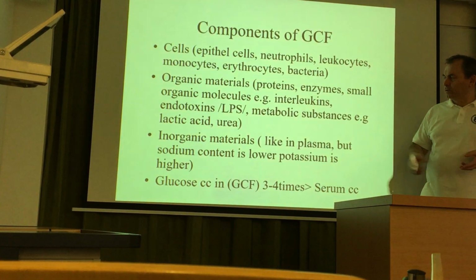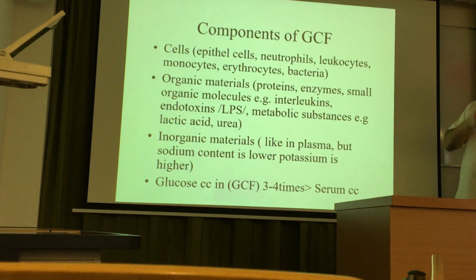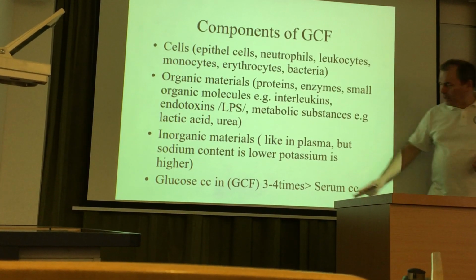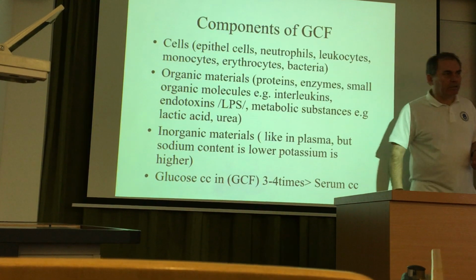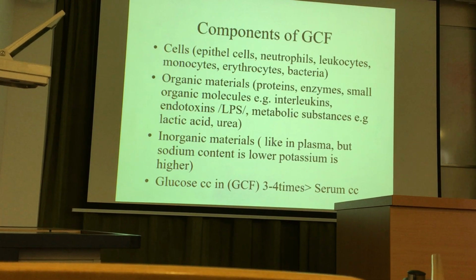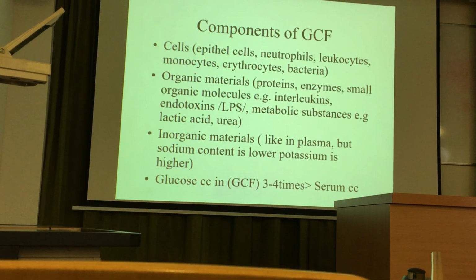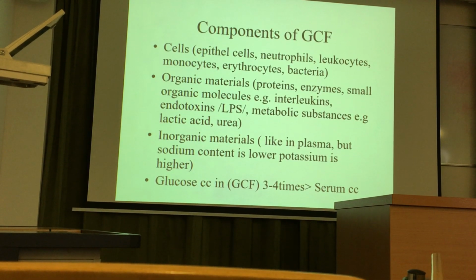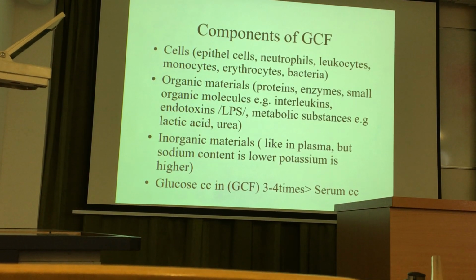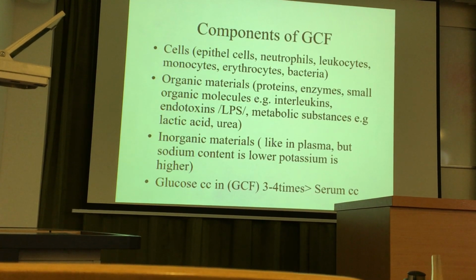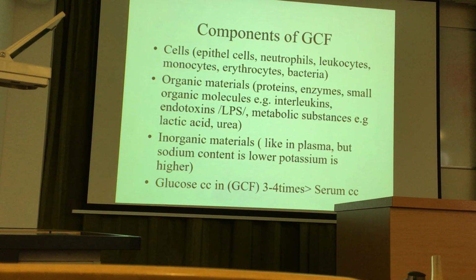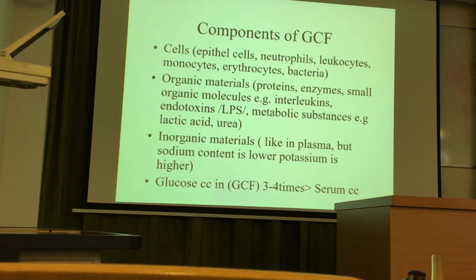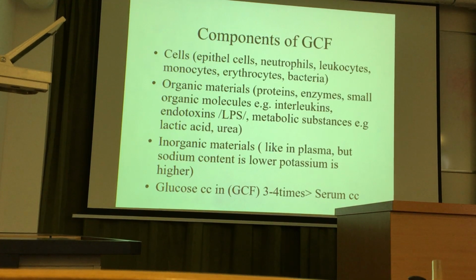And I mentioned that glucose concentration is characteristic in the sulcus, and it is 3-4 times higher than the concentration of glucose in the serum. So it would be clinically relevant to evaluate the glucose level in the sulcus.